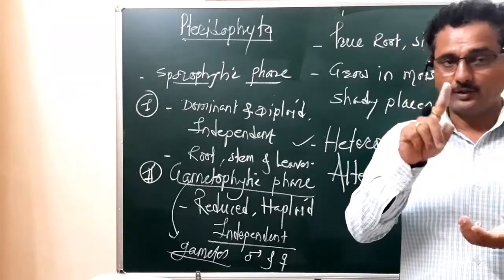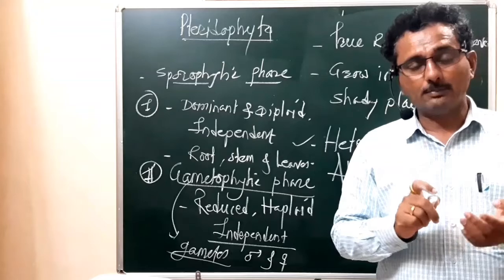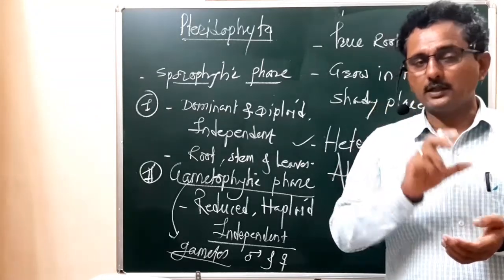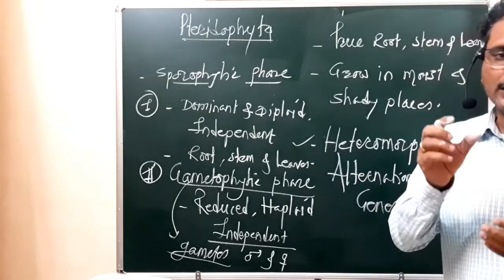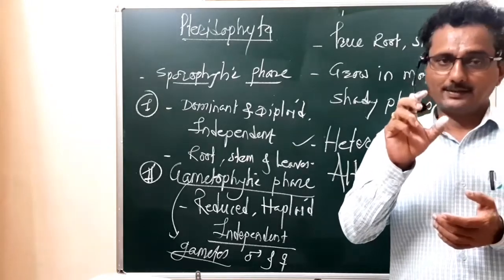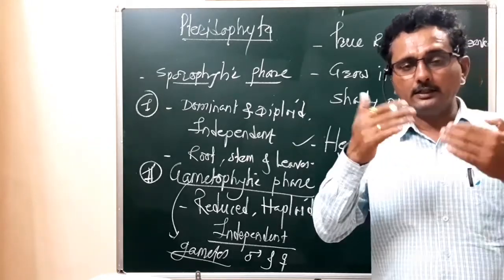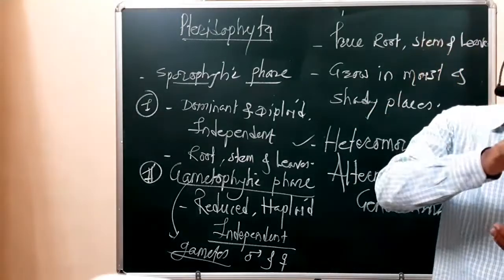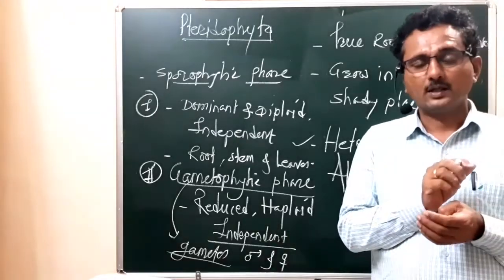In Bryophyta, we have seen how the Sporophyte develops in mosses. That Sporophyte has foot, seta and capsule. It is diploid and developed later in the life cycle, but it depends on the Gametophyte.